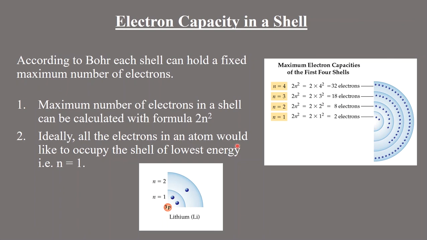So for instance, if we are filling the electrons for lithium with atomic number 3, which has 3 protons in the nucleus and 3 electrons outside the nucleus, 2 of the electrons would go in the first shell and the third electron will go in the next shell. And this will be the electron filling for lithium.